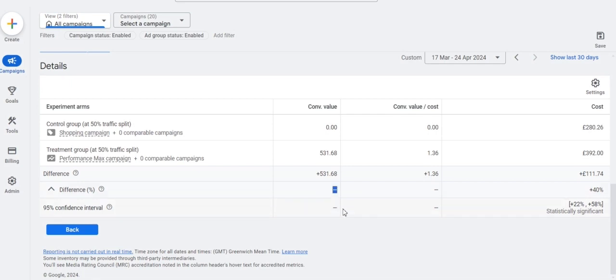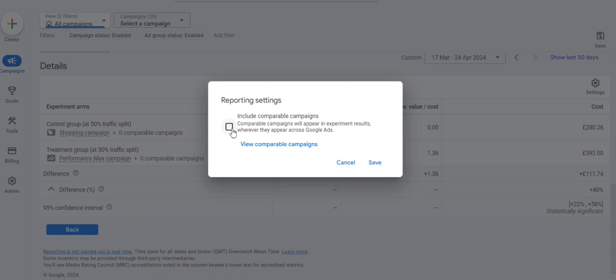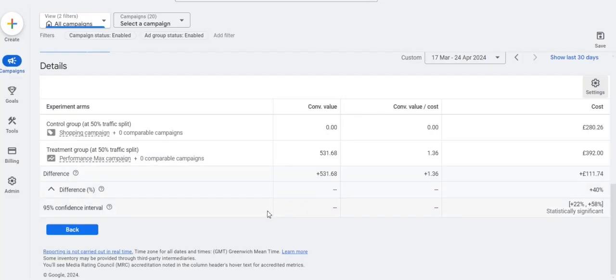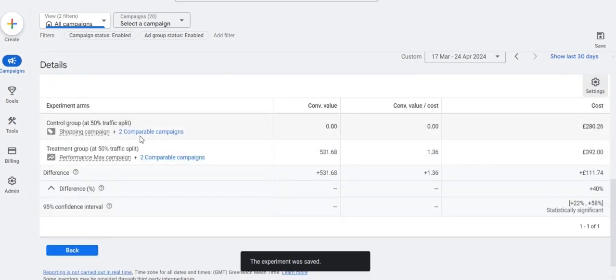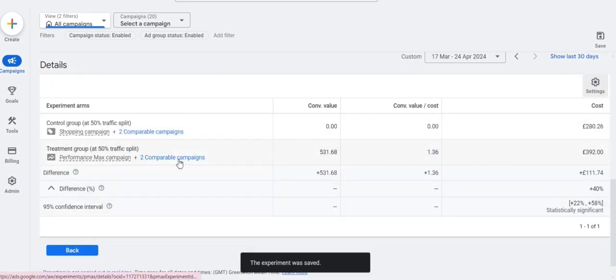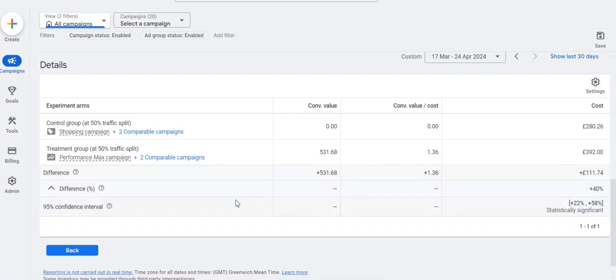The problem is that this is not being shown in terms of revenue and ROAS. That's essentially the problem, so you have to include some other campaigns here. So if I just include a few comparable campaigns, then you see that some comparable campaigns have been included, and even then you do not get any statistically significant data for revenue and ROAS.